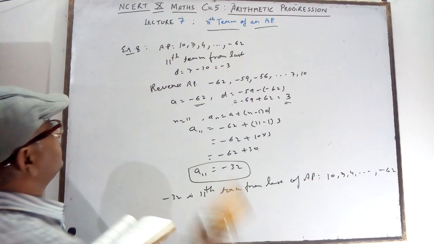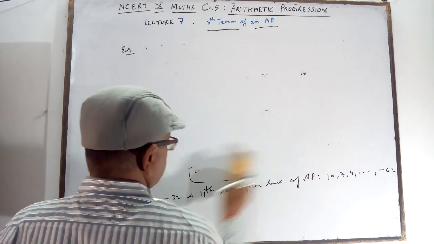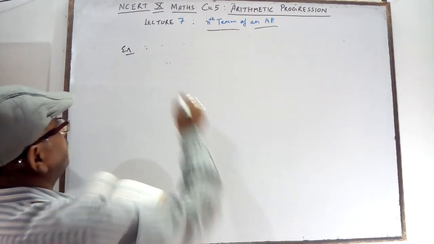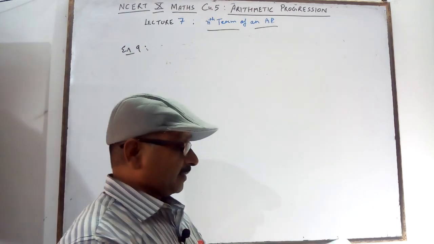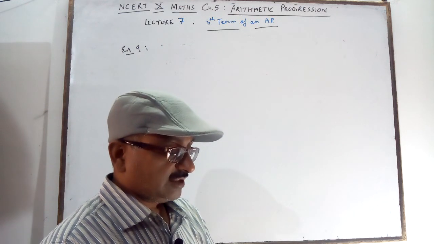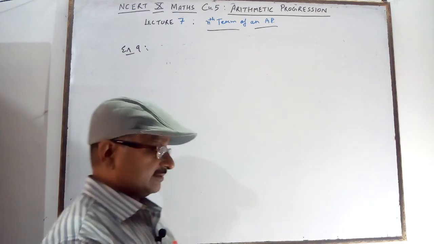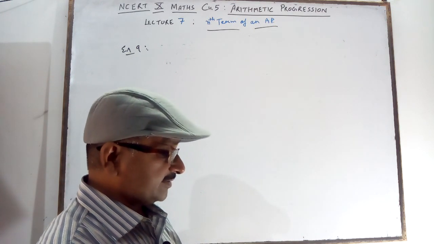Example number 9 is given. In example number 9, what will you get? A sum of rupees 1000 is invested at 8% simple interest per year. Calculate the interest at the end of each year.